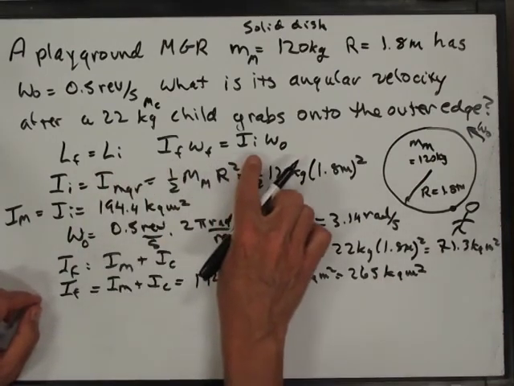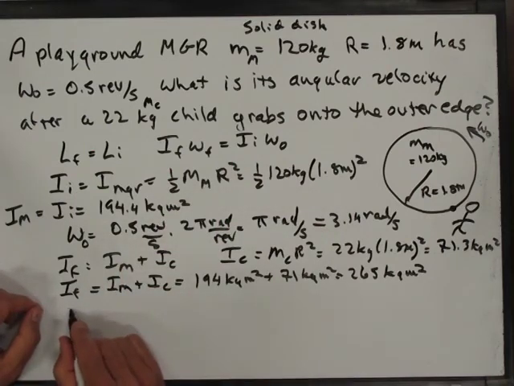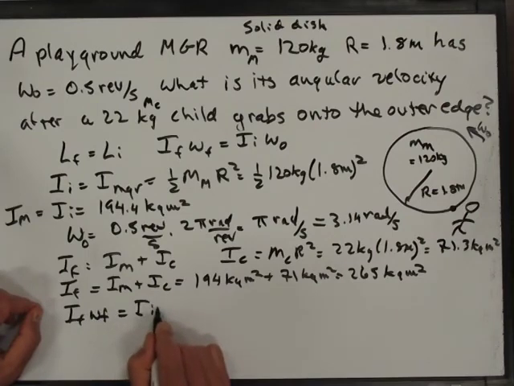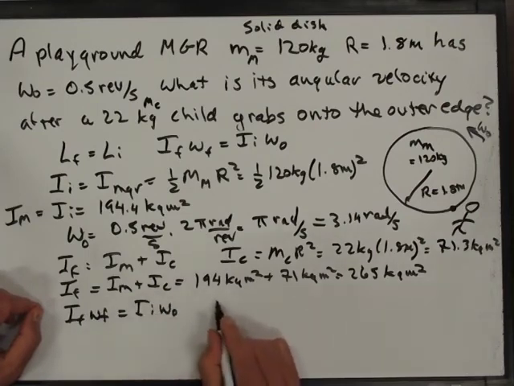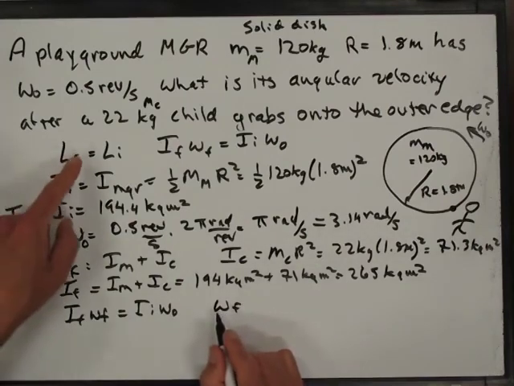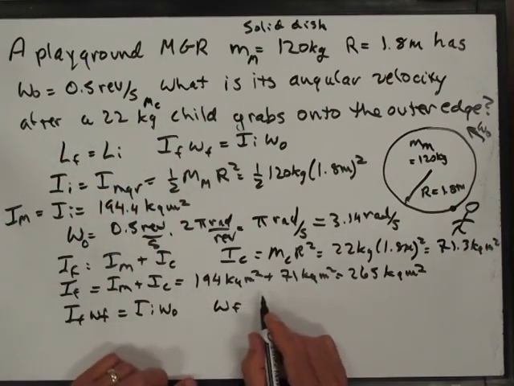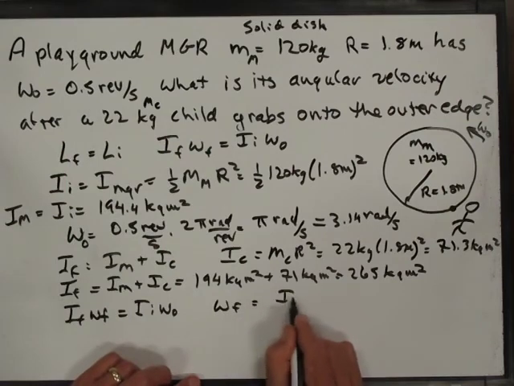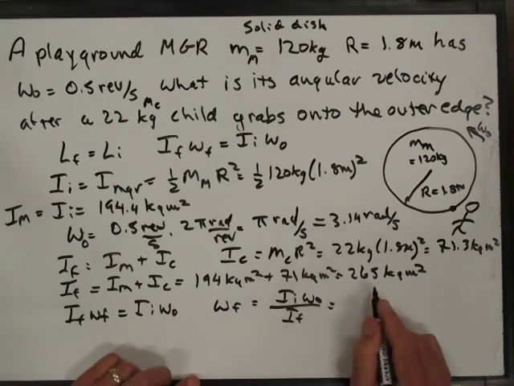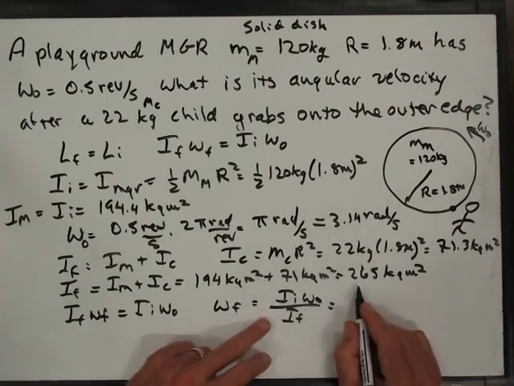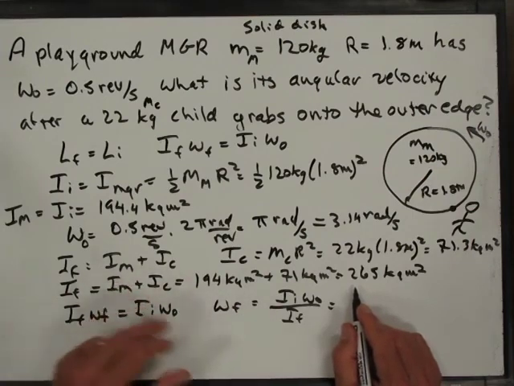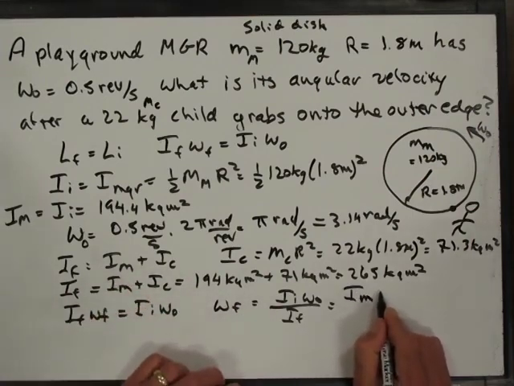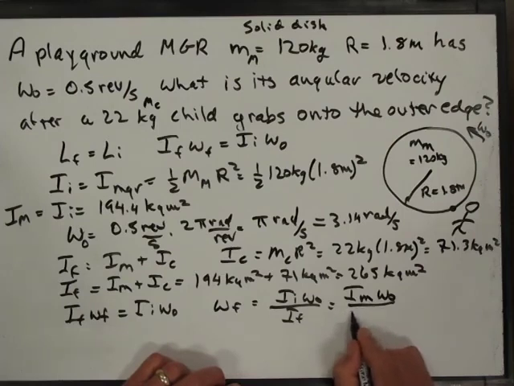And now we can go back to my conservation of angular momentum equation. We can say I final omega final is equal to I initial omega initial, so omega final, which is what they're asking me for. What is the angular velocity after the child grabs on? It is equal to I initial omega initial over I final, which is I merry-go-round times omega naught over I merry-go-round plus I child.